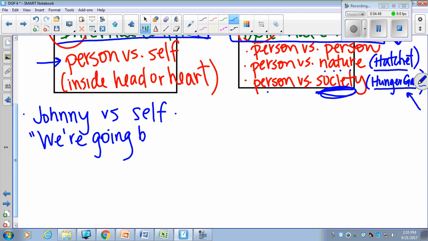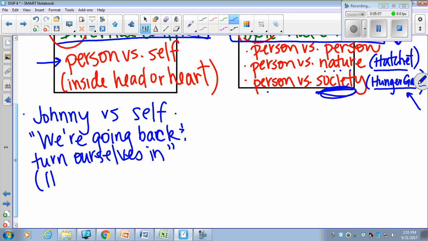We're going back and turn ourselves in. Notice I'm going to put my end quote because I'm done copying, and then I put Hinton and the page number, which happens to be page 87.